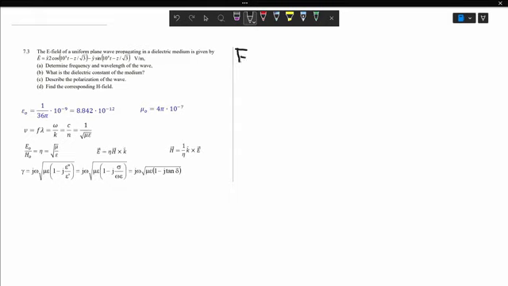So we get some kind of E vector, which has a direction, in this case, x hat. So I'm just going to write x hat for now. Then we also have some kind of amplitude. In the problem, you see that the amplitude is 2. I'm just going to write this as E naught.